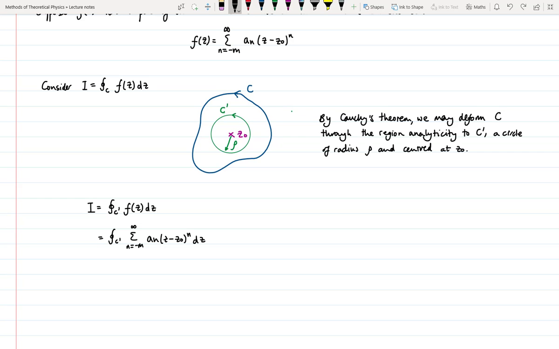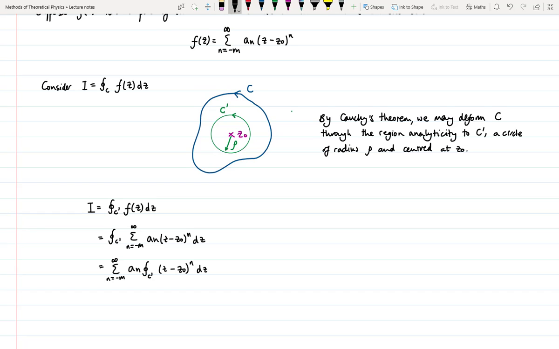Because it's the integral of a sum of terms, we can integrate each term individually. This would give us the sum of these coefficients and then integrals of powers of z minus z0 dz.